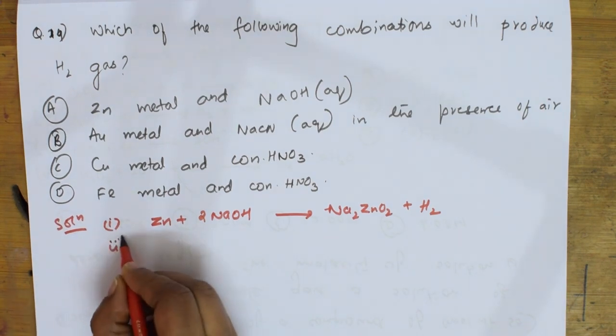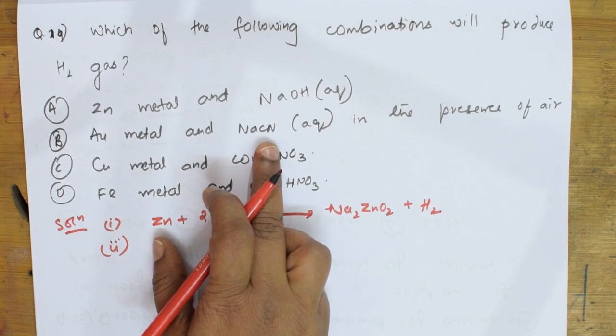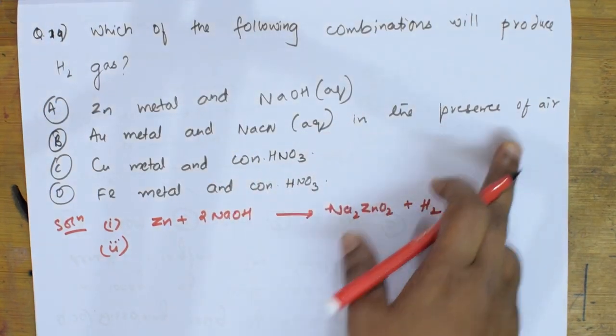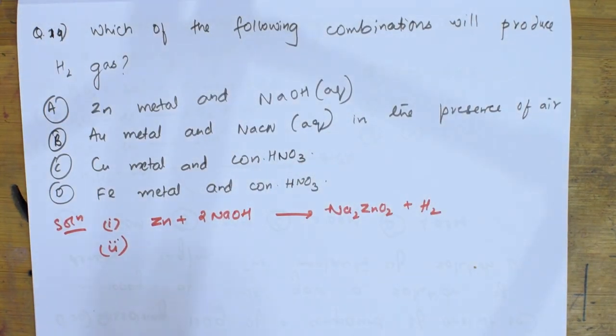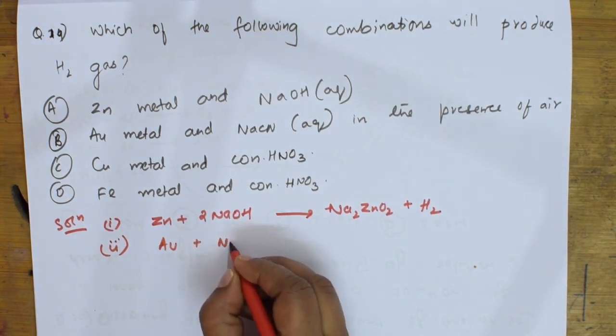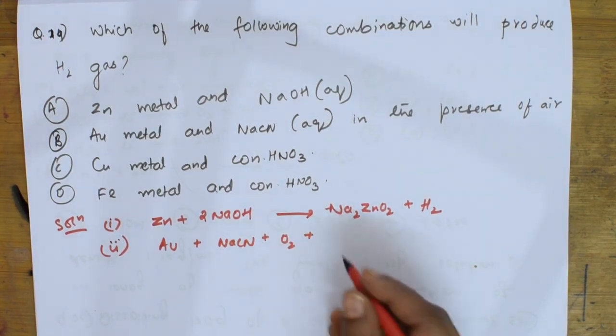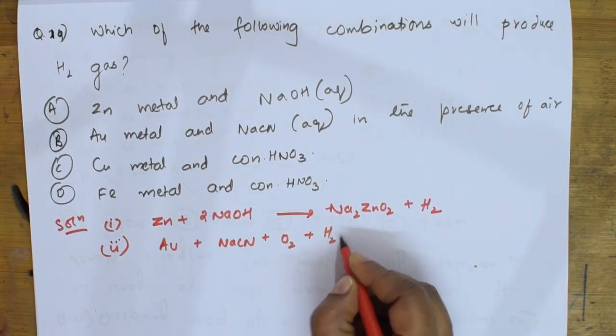Next, they said gold, Au metal, and aqueous sodium cyanide in the presence of air, that is oxygen. Let us write this: Au plus NaCN in the presence of oxygen. Aqueous, they said, so I have to write water.